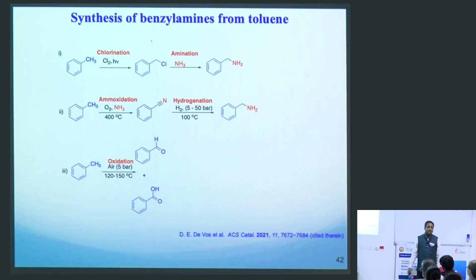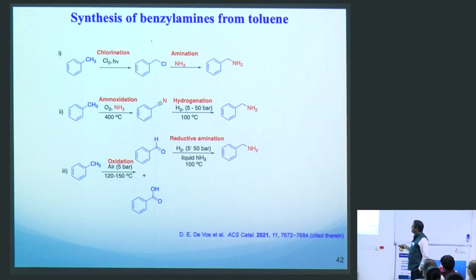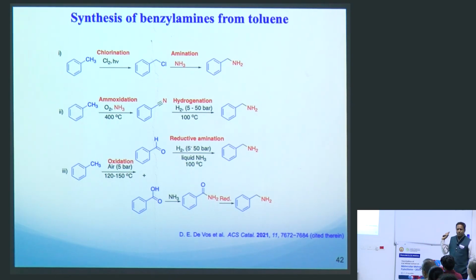It will go for over-oxidation and form benzoic acid. Further, under hydrogenative conditions and amination, one can get the benzylamine. These are the methods available. Industries popularly synthesize benzylamines using these reports.